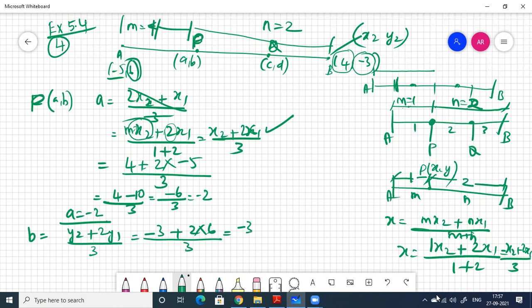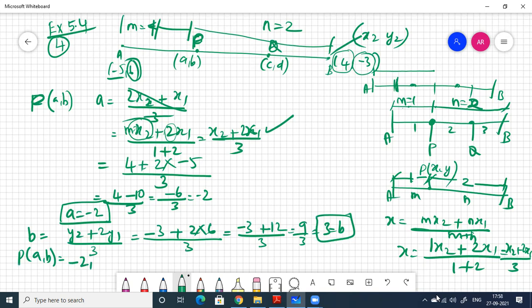Minus 3 plus 2 into 6 is 12, 12 minus 3 is 9 divided by 3. That is equal to 3. So B is equal to 3, A is equal to minus 2. So P of A comma B is equal to minus 2 comma 3. This is the first point.